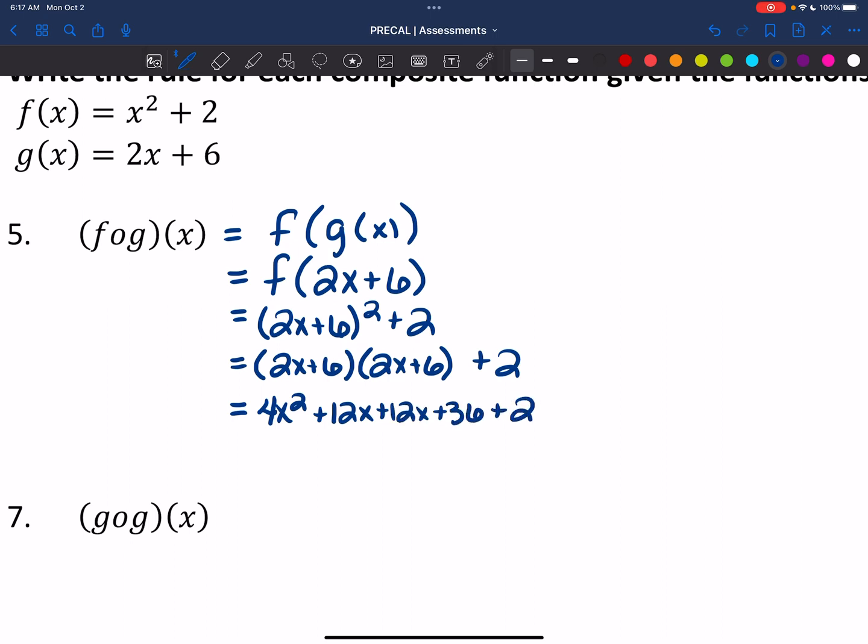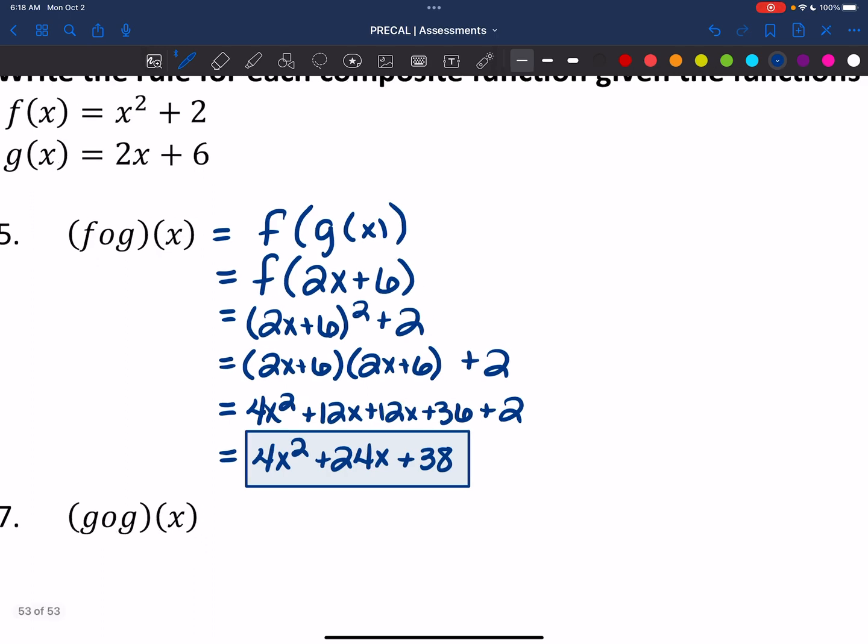And then that plus 2, that was out on the end. Combining like terms, we don't have anything to combine our squared term with, but we can combine our linear term and our constant term. And there you have it. This is the rule for f of g of x for that composition.